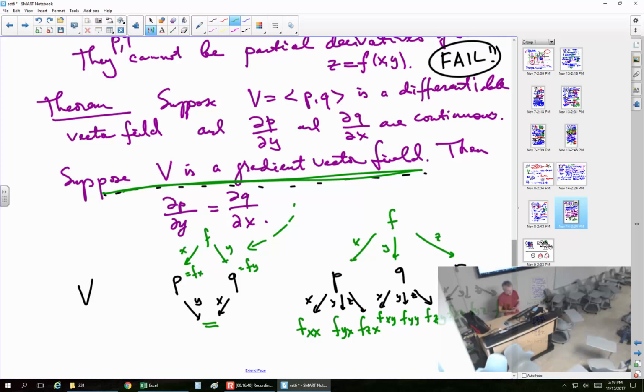So there are 9 of them. And now pairwise, they have to be equal whenever we flip. So let me throw out those that we don't care about. The non-mixed derivatives are gone. They are not part of Clairaut's theorem. But the rest of them, we are left with 6, and they pairwise have to be equal to each other. Okay, so let's try to find those. fyx is equal to what? fxy, right?